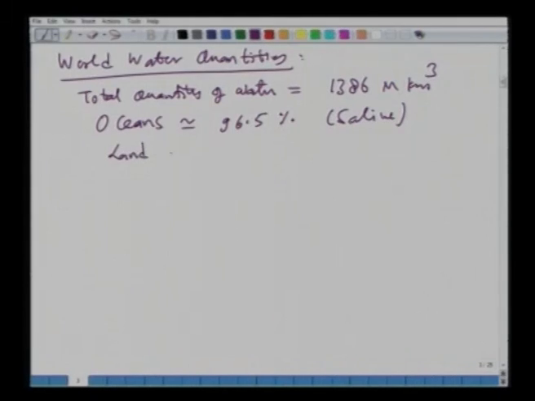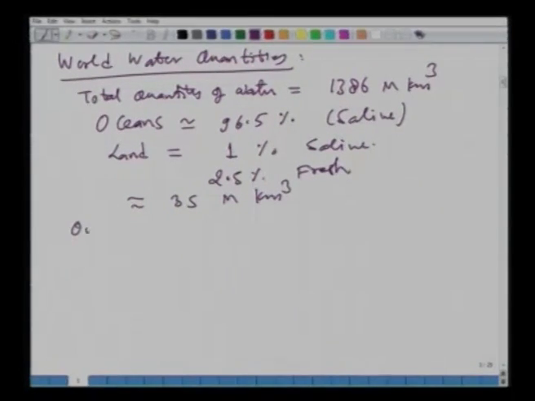So, the remaining water which is on the land, out of that 1% is saline. So, we have about 3.5% of water on land which is saline and not useful again. That leaves us about 2.5% of the total water which is fresh water on land which will be useful, and this comes out to be approximately 35 million kilometer cubed of water which is fresh on the land.